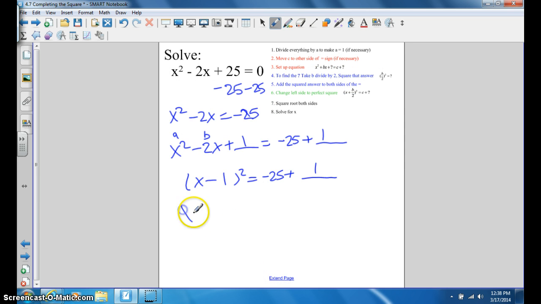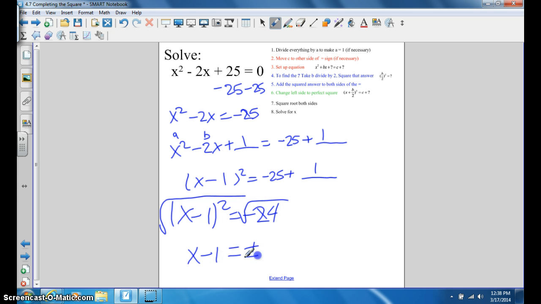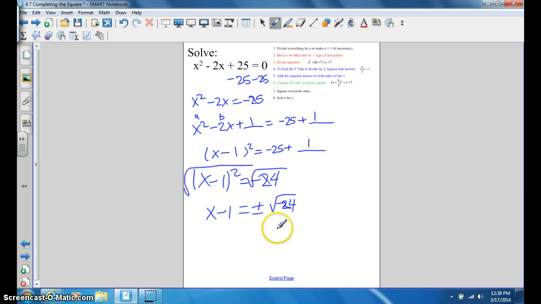Now, we need to collect like terms on the right side. And now solve. So take the square root of each side. So we get x minus 1 equals plus or minus the square root of negative 24. Well, we need to break down negative 24.